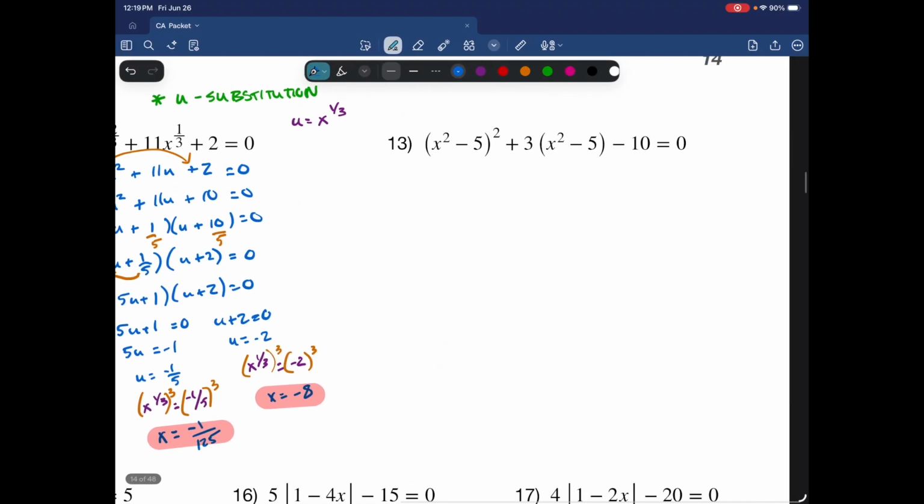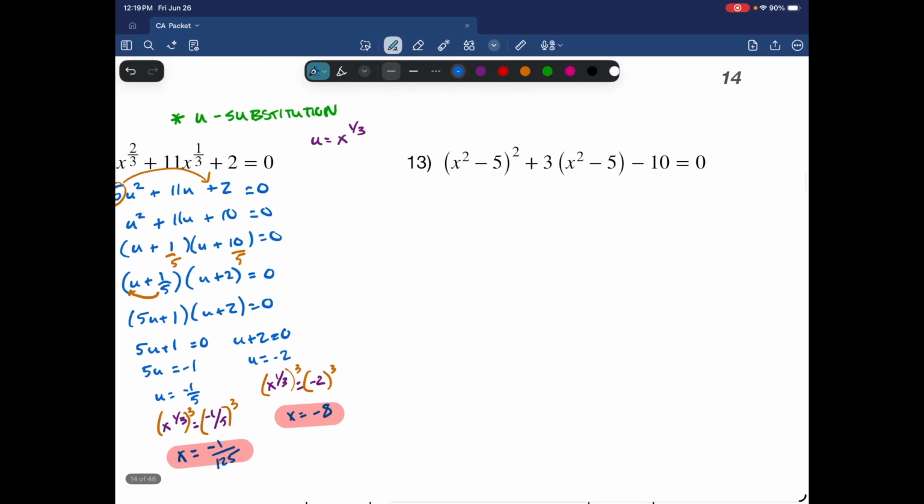We can also use substitution on number 13. In this situation, I'm going to let u be x squared minus 5, which allows me to write this as u squared plus 3u minus 10 equals 0, which is easily factorable. So you got u plus, minus. 5 and 2 multiply to 10 and subtract to give you 3, so it's going to be plus 5 minus 2.